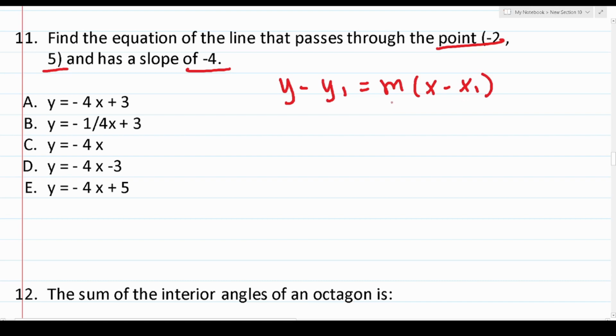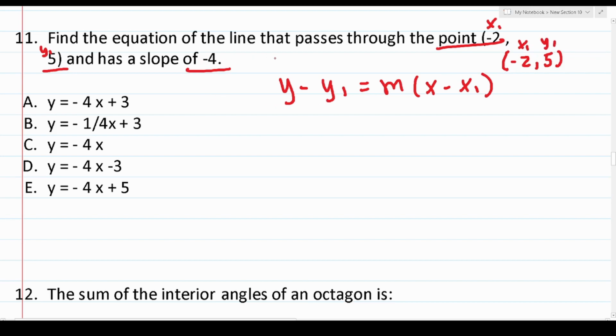Where do you get x1 and y1 from? Well, again, those are our ordered pairs. This is x1, y1. And let me go ahead and write that off to the side since it's split up like that. We have -2 and 5. And this is going to be our x1 and our y1.